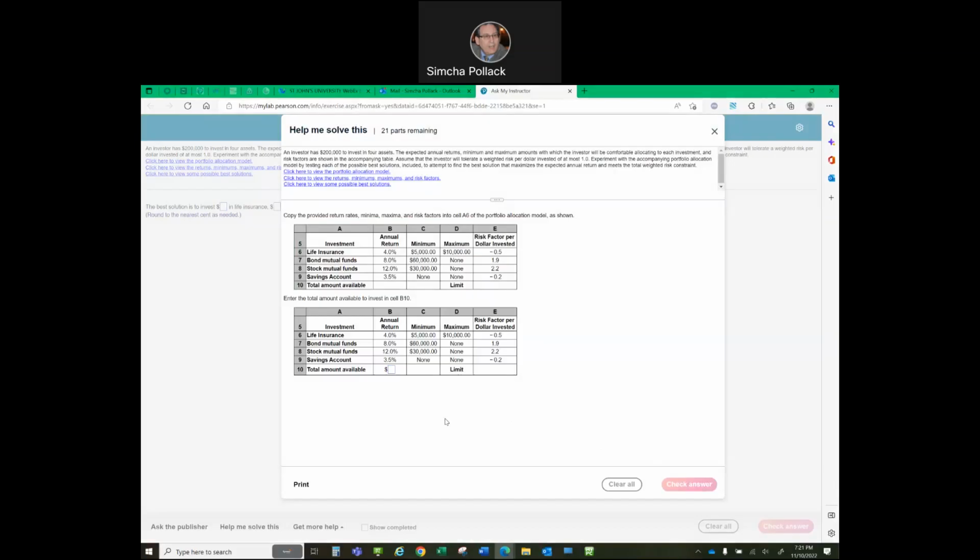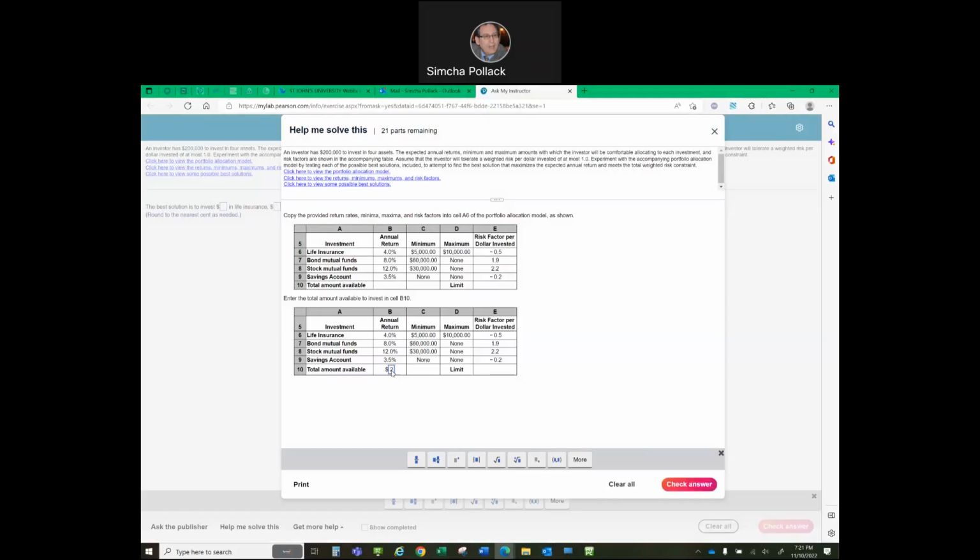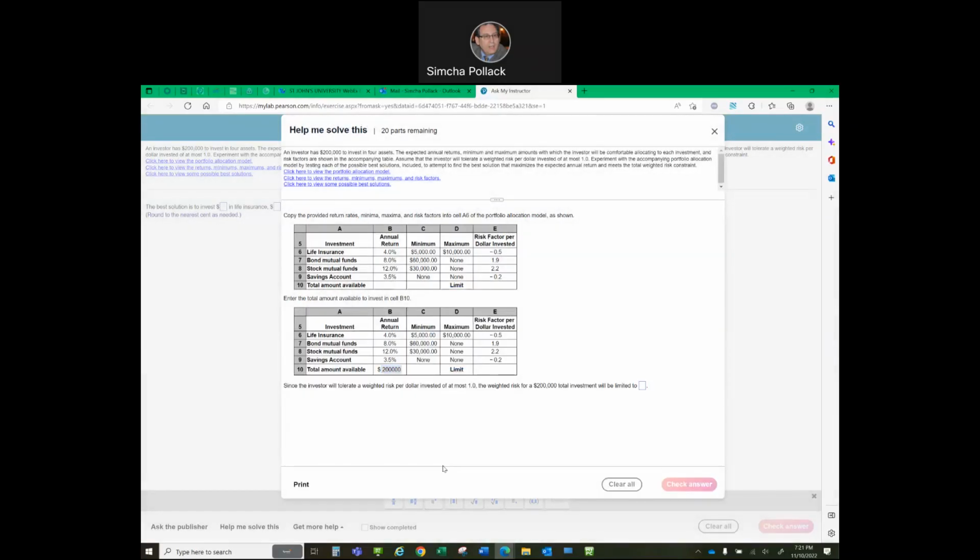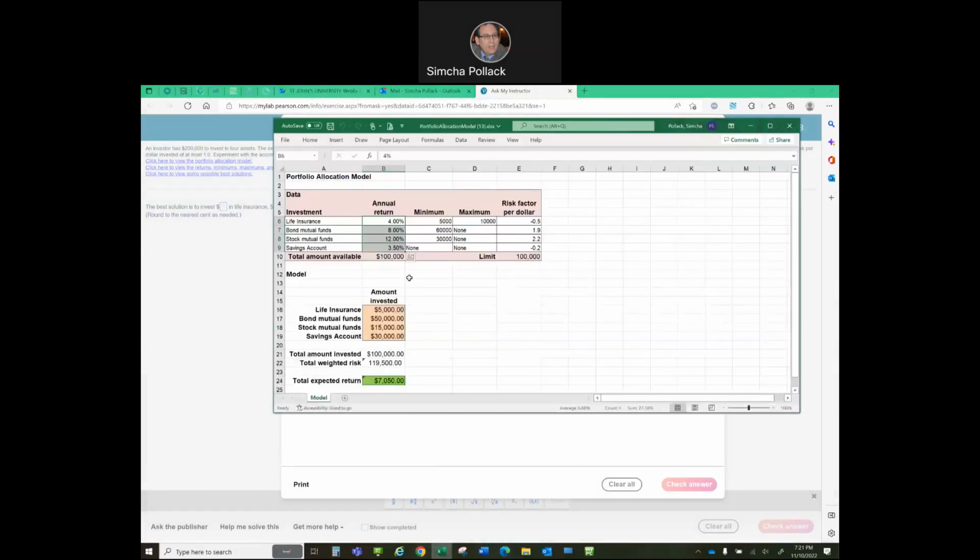So the book says, enter the total amount available in B10, which was 200,000. Check answer. Let's put it into our Excel file. Might as well change this at the same time.